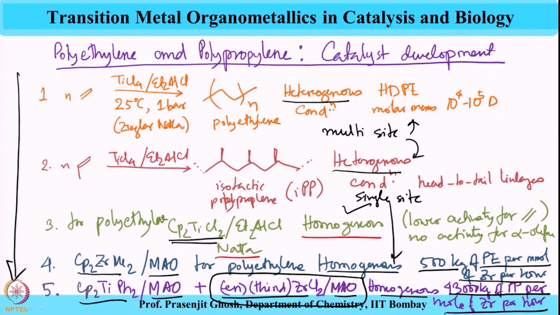Single site catalysis means that the polymer has a narrow polydispersity index, low PDI, and polymers are much more well behaved in terms of their properties. So, let us now focus on this ansa complex that we had discussed, which has extremely good activity for polypropylene.